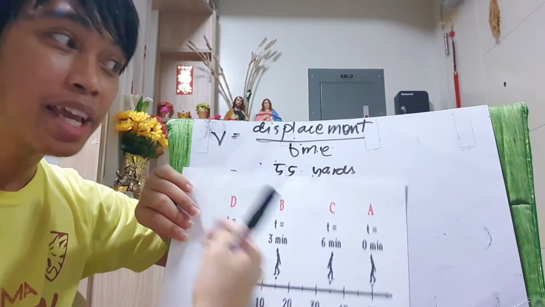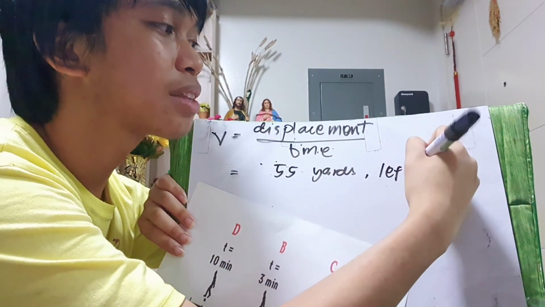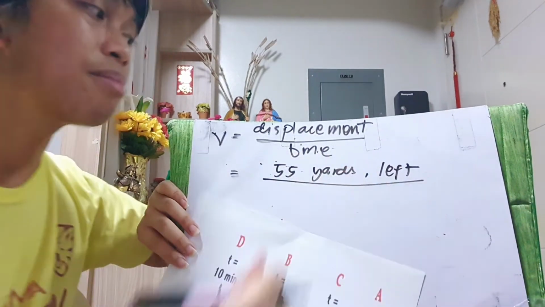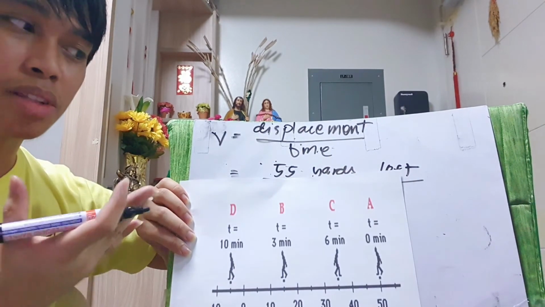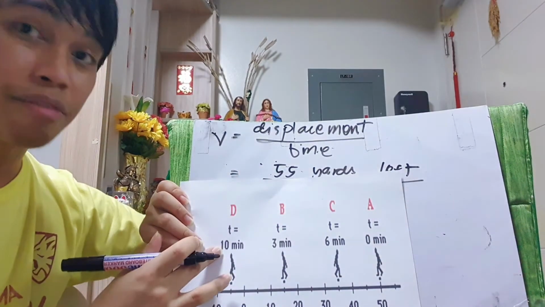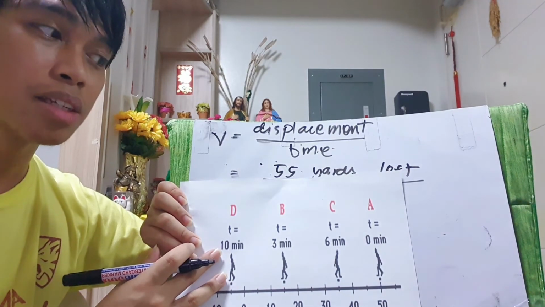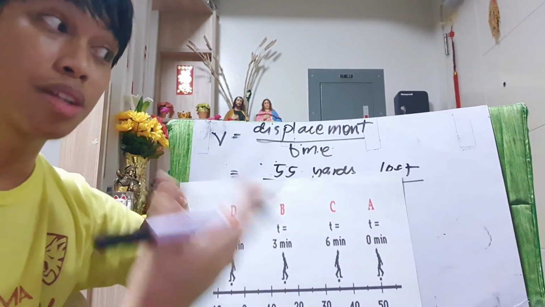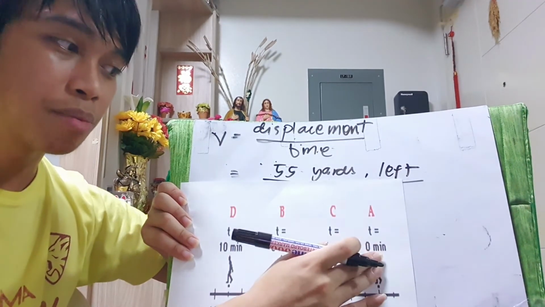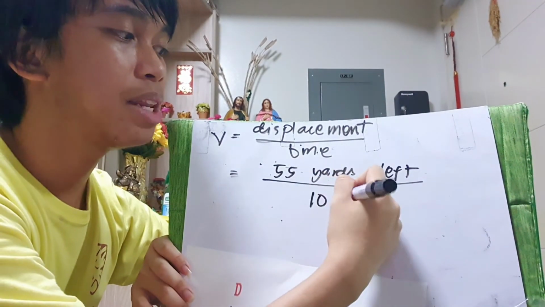So we place the direction as left, divided by the time frame. The time frame consists of the initial time to the final time. The final time is 10 minutes and the initial time is 0. Therefore, we count the minutes from 0 to 10, and that is 10 minutes.